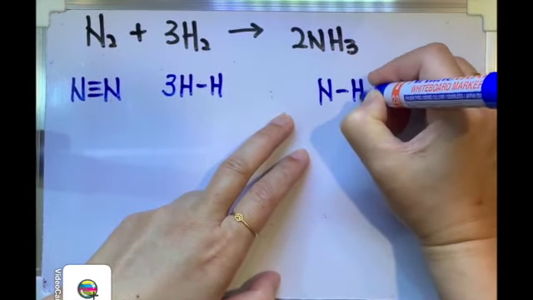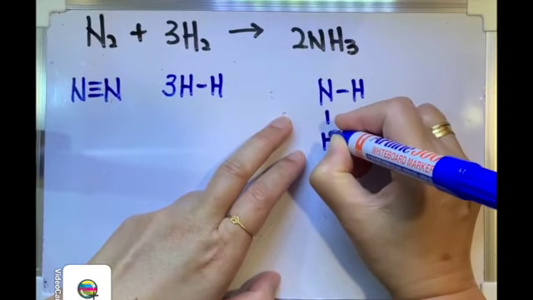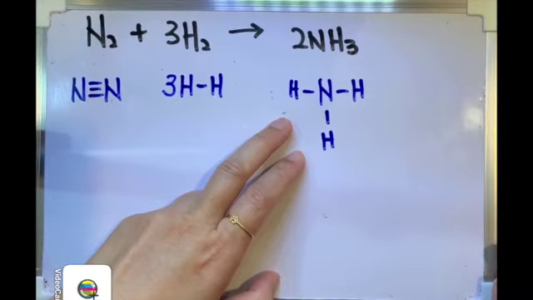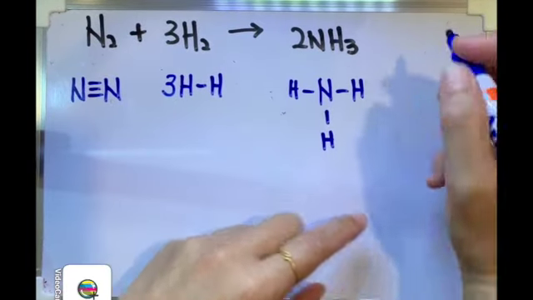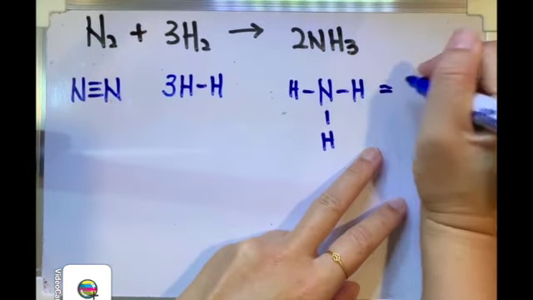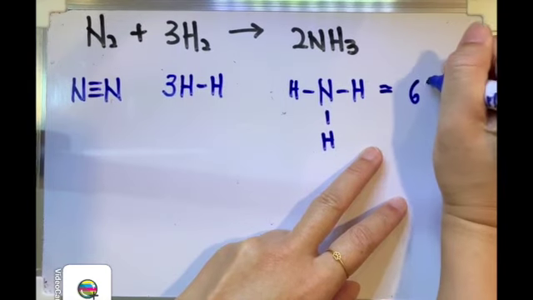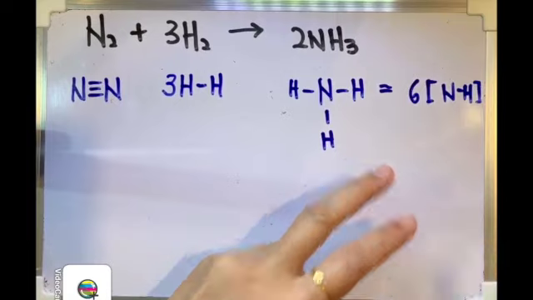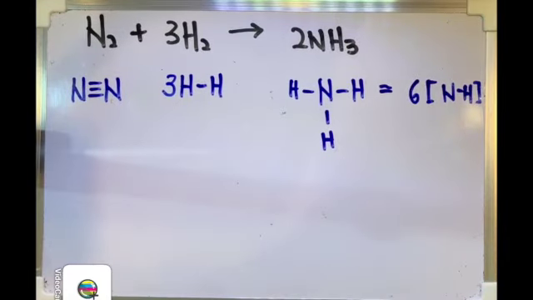Ammonia contains 3 NH single covalent bonds. When we have 2 moles, it means we have 6 NH single covalent bonds.